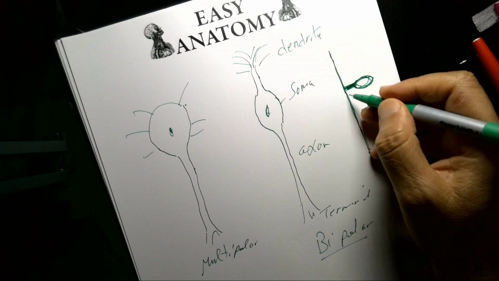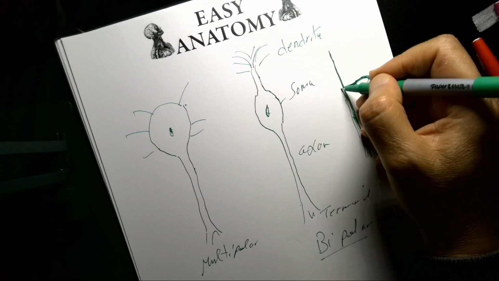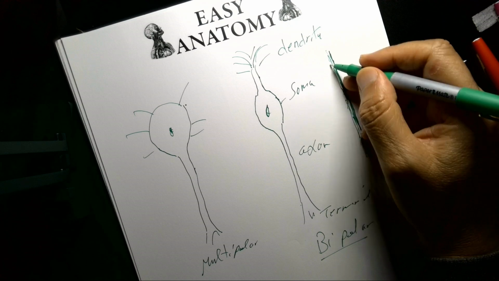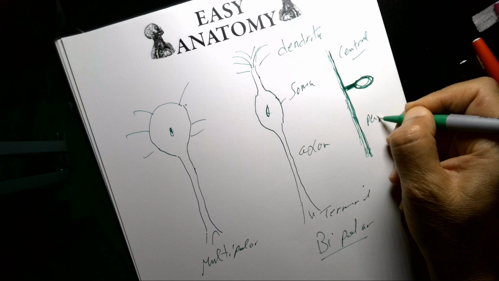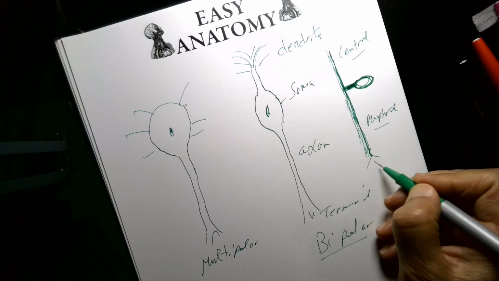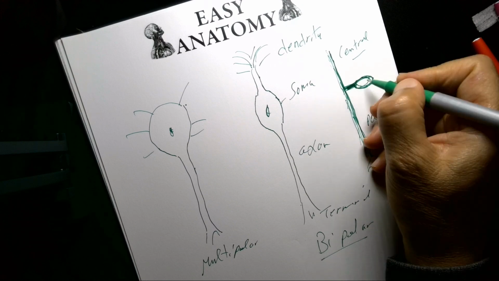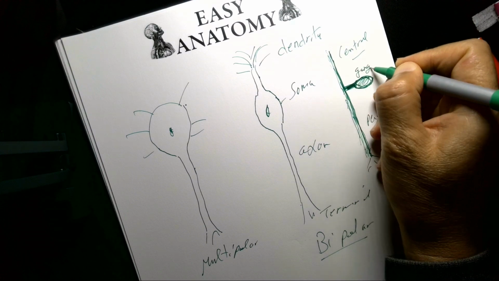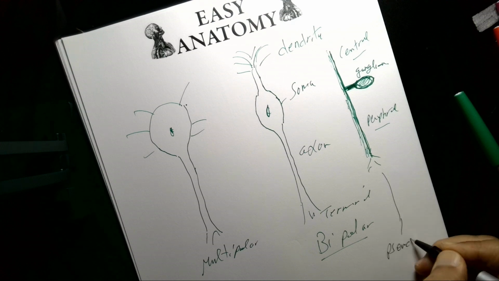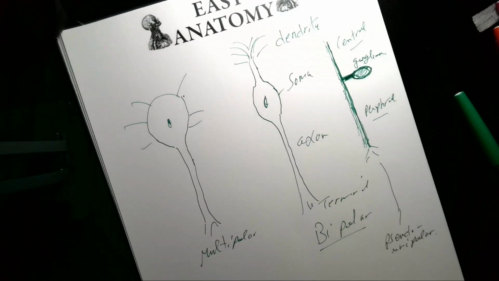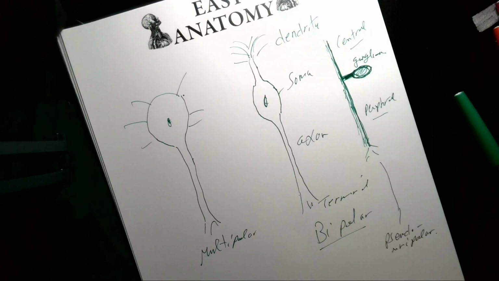They look like two axons, one central going to the CNS, one peripheral going towards the periphery, and here is the end. This is the ganglion. Also, this is pseudo-unipolar. So this is how it looks.